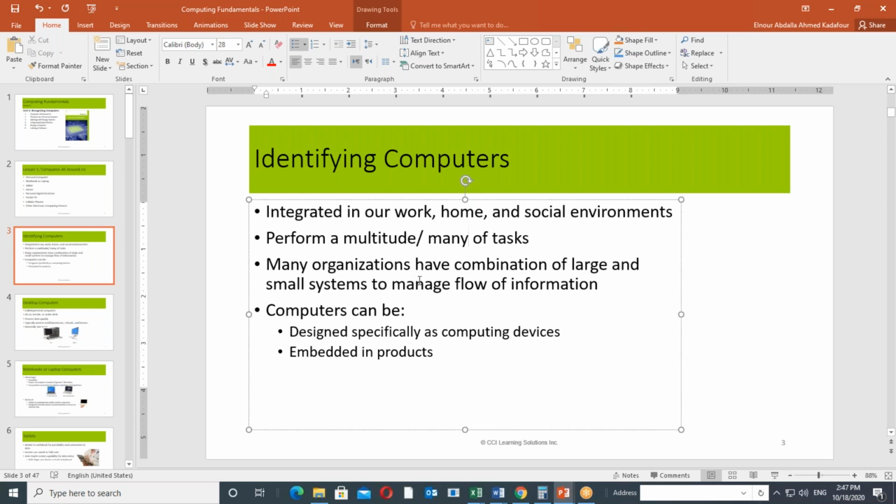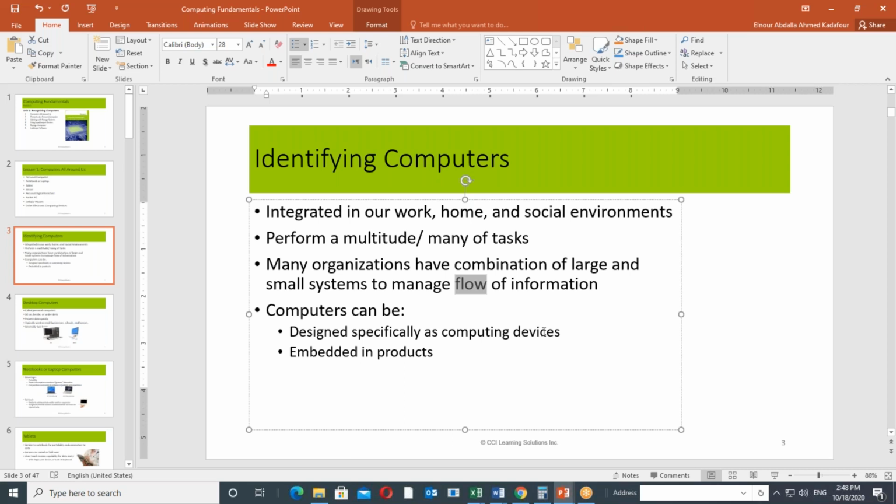Many organizations have a combination of large and small systems to manage the flow of information, that is, passing information. For example, I'm sitting in my office and I want to deliver a message to another department.